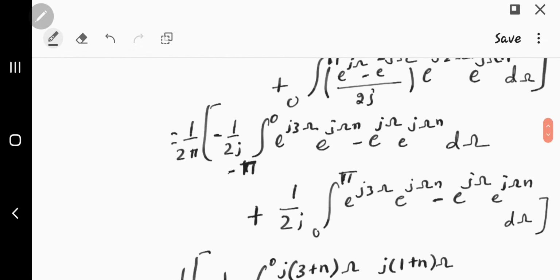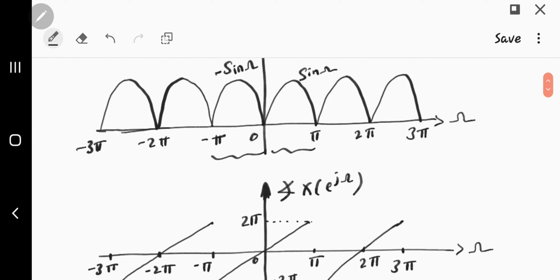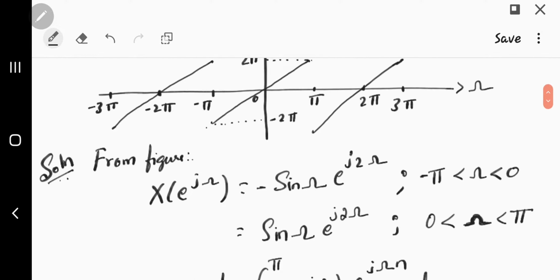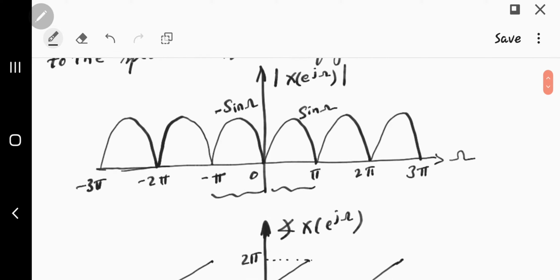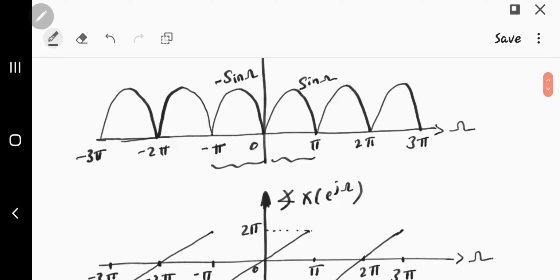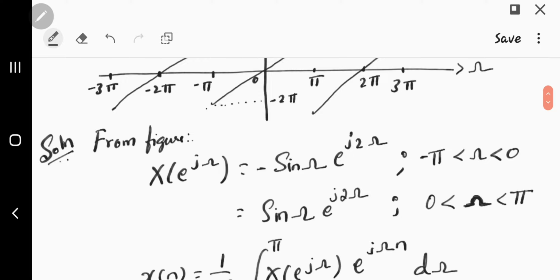Okay, so the most important thing is defining the signal here from this diagram, the phase and magnitude spectrum. We have been given sin ω. This is not given, so this is nothing but minus sin ω. So that we defined. Most of the time if you forget this, then the problem will be wrong.